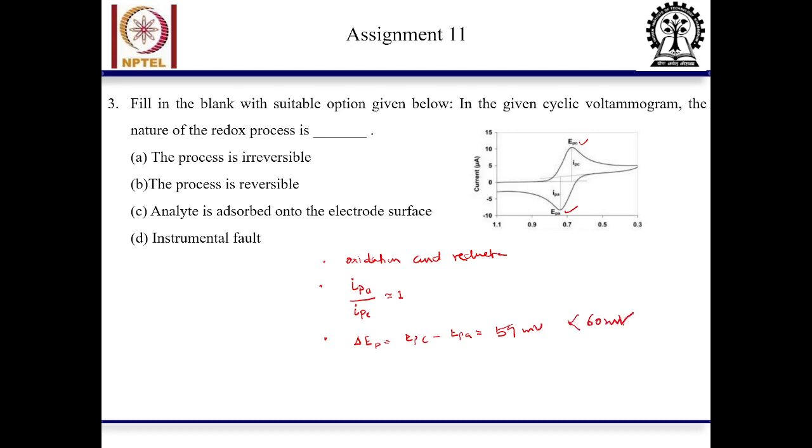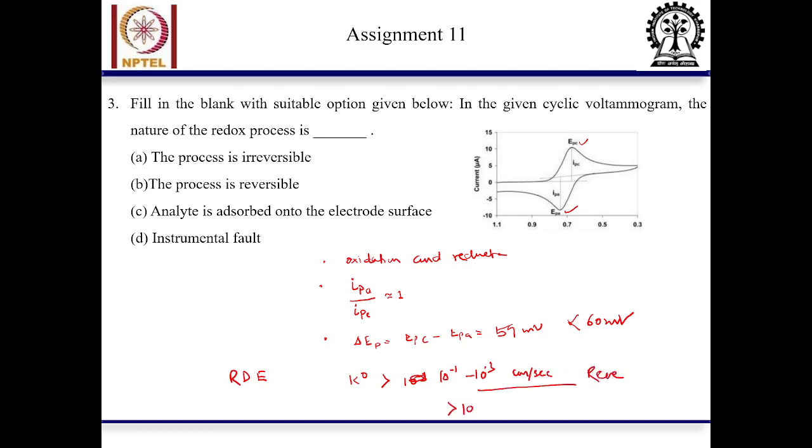Those are the three criteria. And one other criterion comes from the rotating disk electrode, not from CV. Here, if K0 is greater than 10 to the power minus 1 to 10 to the power minus 3 centimeter per second, this is called reversible.